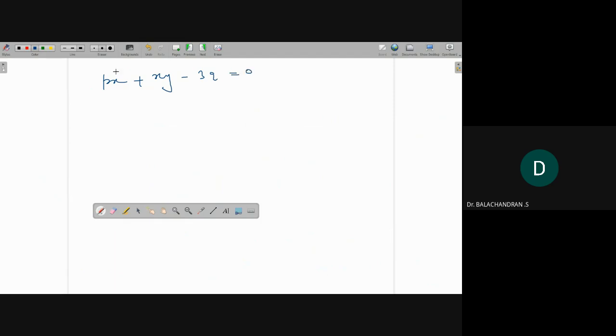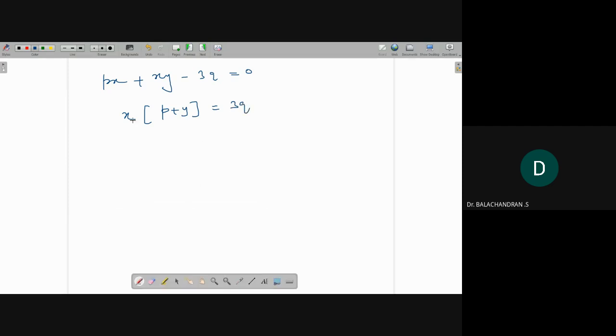From these two terms I take x common and get x times p plus y equal to 3q. So x in terms of y is 3q divided by p plus y.